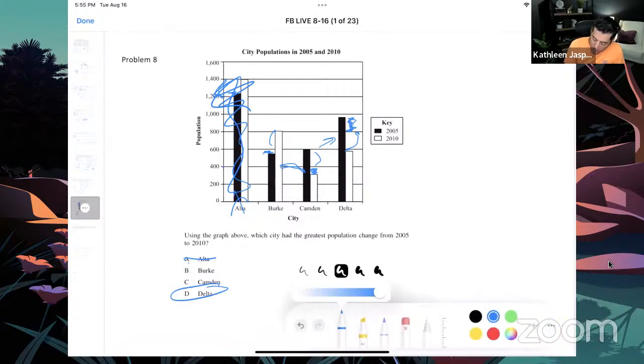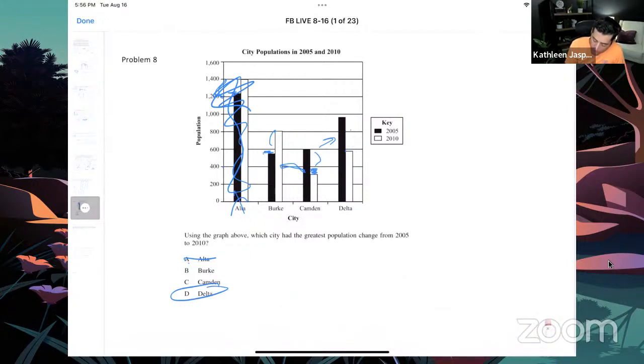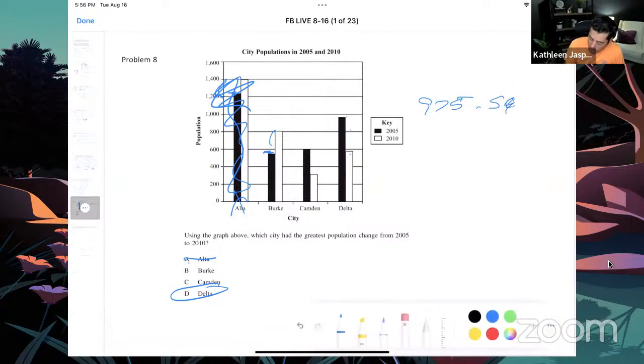because the greatest population change occurs where they went from, let's just estimate it here, let's call it 975, and then it went down to, let's call it 590-ish, because it's just below 600.